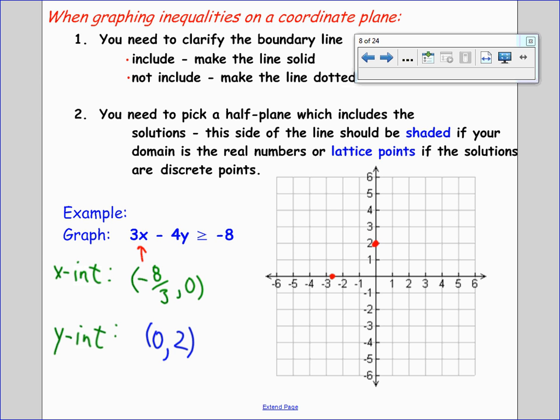Next, we'll connect those with either a solid or a dashed line. We need to consult the inequality just like you did for your homework assignment. If this is a greater than or equal to, right, are points on my boundary line included or excluded from my solution set? Mark? Included. Included. So I'll show that by having a solid line.